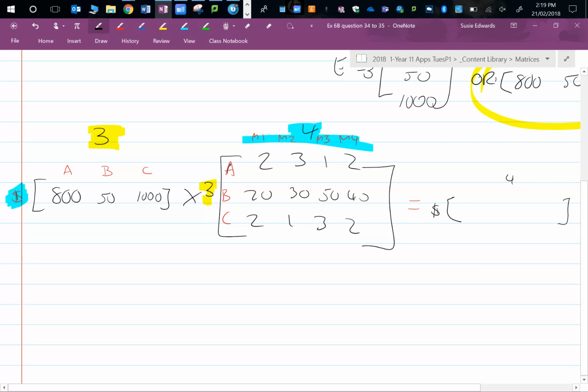So we've got cost of model 1, model 2, model 3, model 4. And that's what our answer is going to come out as. So we'll just do it on our calculator quickly. Does everybody see that? If you get really stuck and it says, what does this actually show? Put the 2 leftover titles in, and see if that makes sense to you to be able to describe it. So we'll then put it into our calculator.